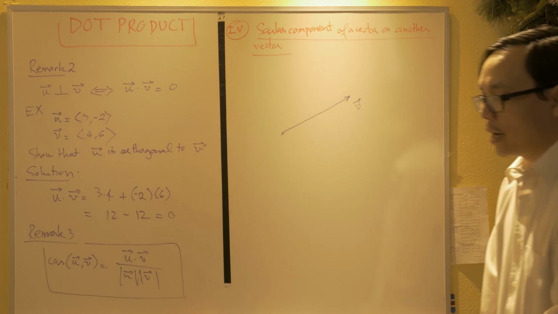And I want to find the scalar component of vector u on vector v. Question: find the scalar component of vector u on v.